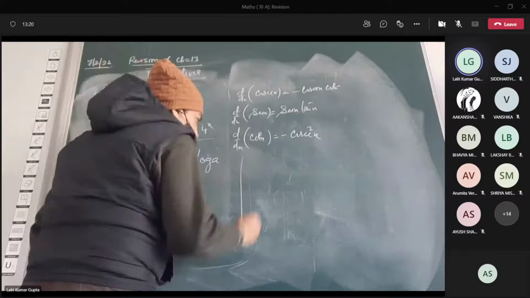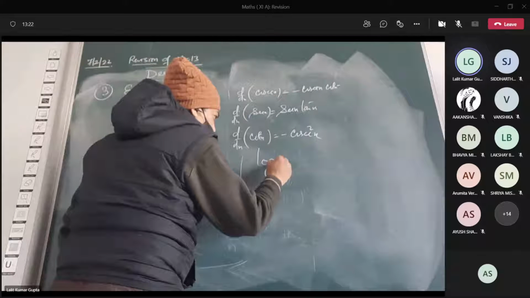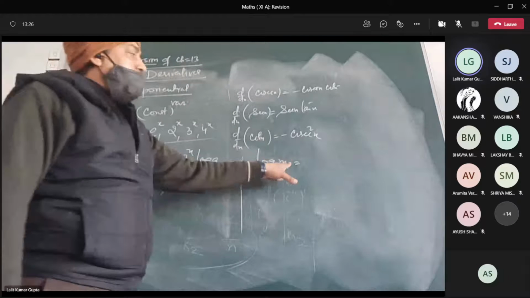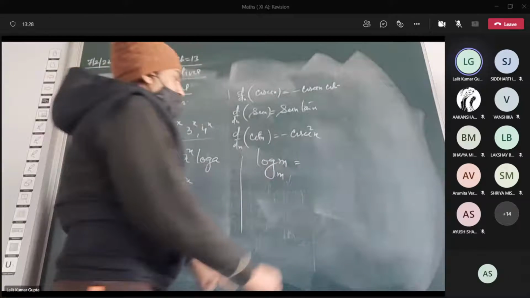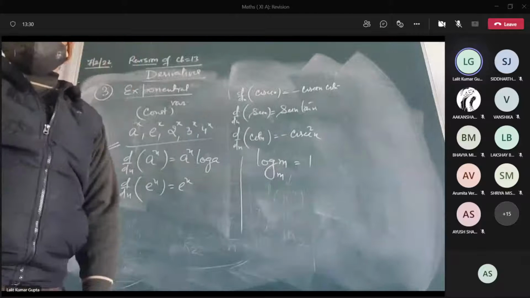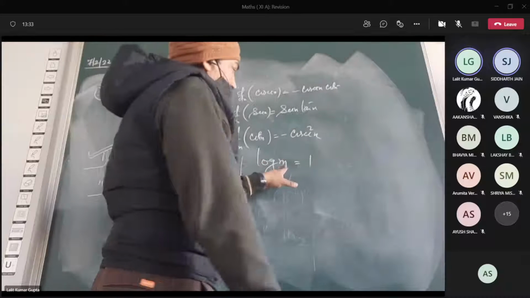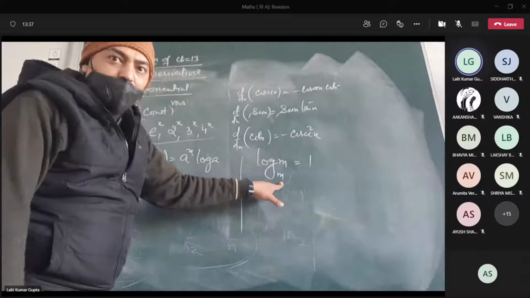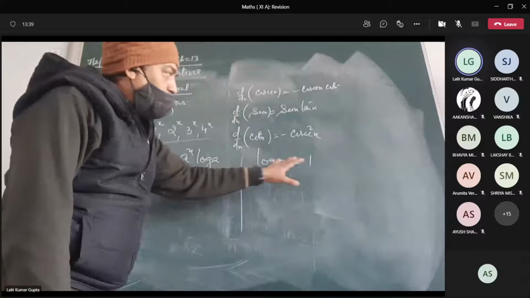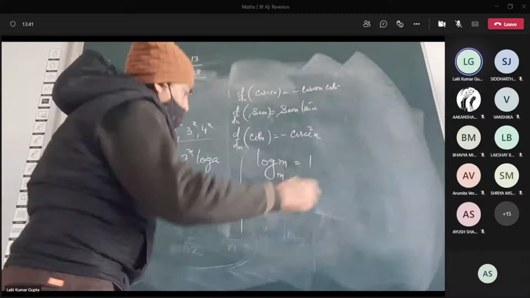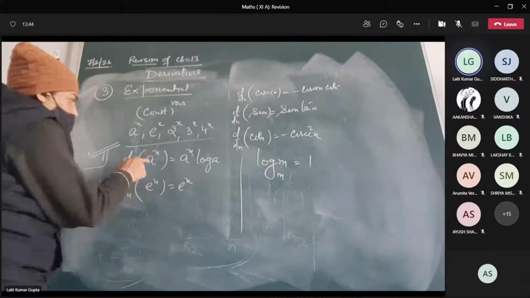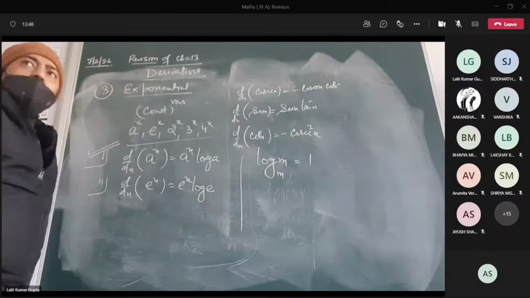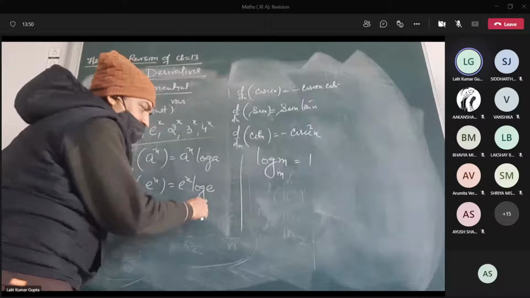So we have a property, see, log property, log m to the base m. Whenever angle and base are same, the value of log is 1. Remember this thing. Now why this is, actually according to this its derivative should be this one, but we have not mentioned base here.